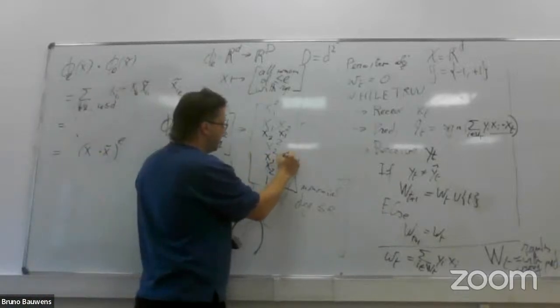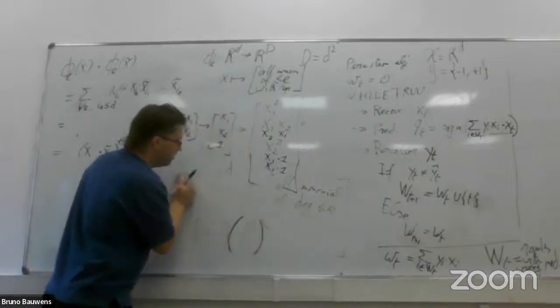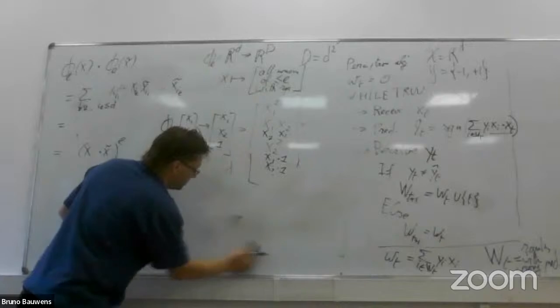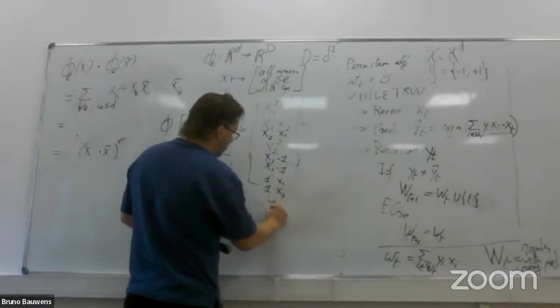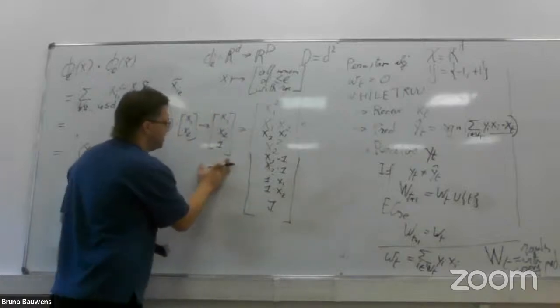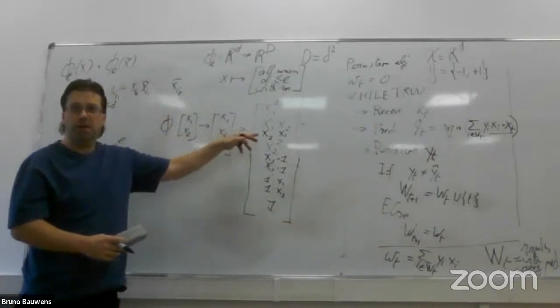So here we have x1 times 1, x1 is actually, there was a mistake. We also have the other orders. So we have 1 times x1, 1 times x2, and a 1 here. Like this. So this is the vector that we obtain, where we apply here the previous mapping.